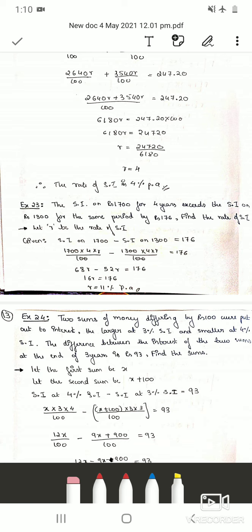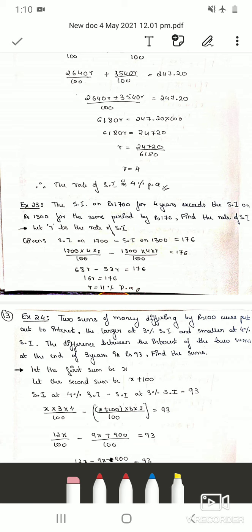So now the question is, the principal amount is 1700 and it is invested for 4 years. We don't know what the rate of interest is, but they have given that this interest exceeds the other simple interest for the same period, that is for 4 years, with principal amount 1300, by 176 rupees.